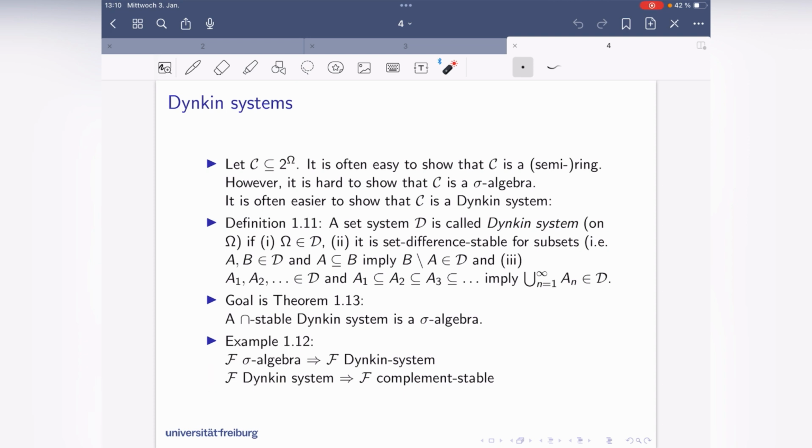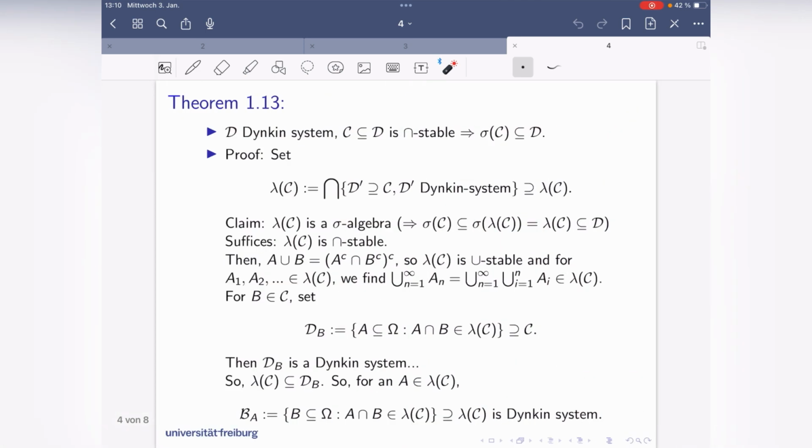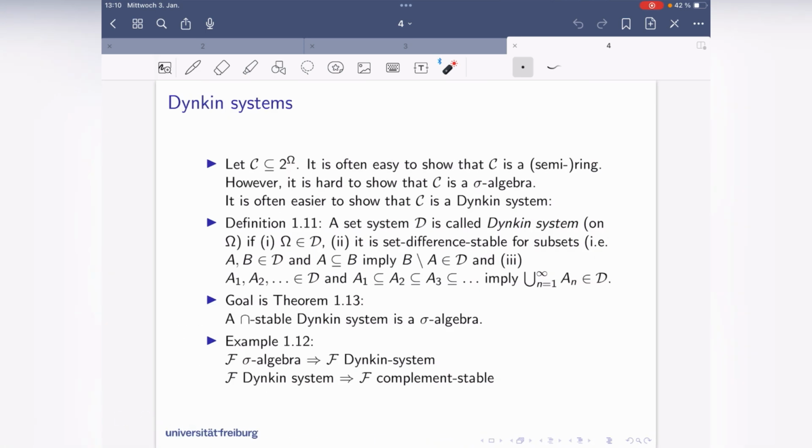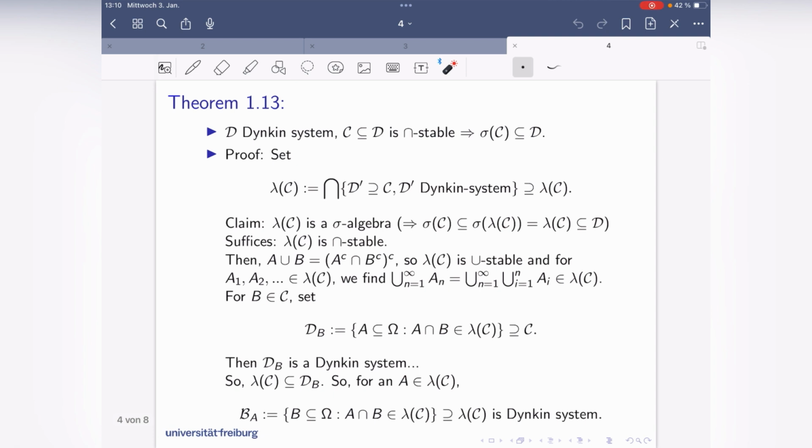So we have this, and we now come to theorem 1.13. Here I said intersection stable Dynkin systems are sigma algebras. It's a bit more general here.